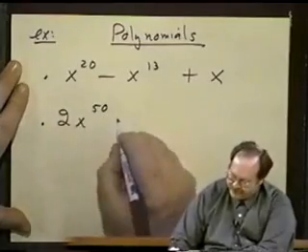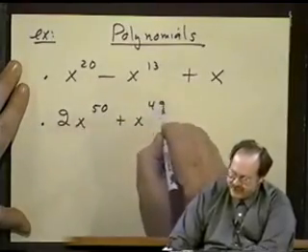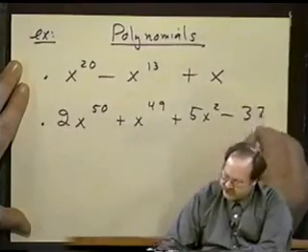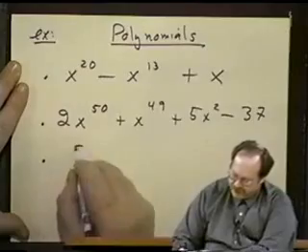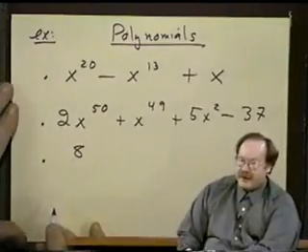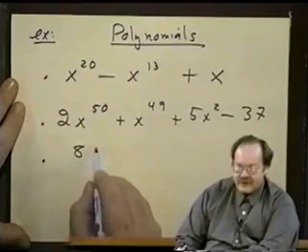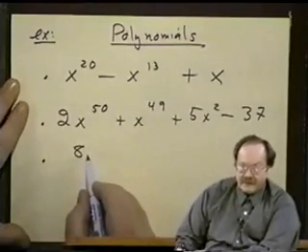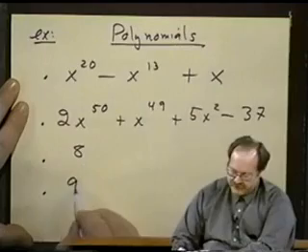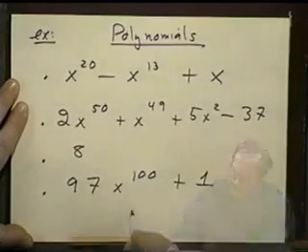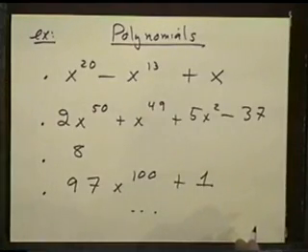I'm trying to take high powers here to give you a sense of what's going on. How about that? Here's another polynomial. 8. Remember, constants qualify because that's really 8 times x to the 0. So it's a polynomial. In fact, it's a monomial. And then here's a binomial. 97 x to the 100 power plus 1. And so on. You can create as many as you like.